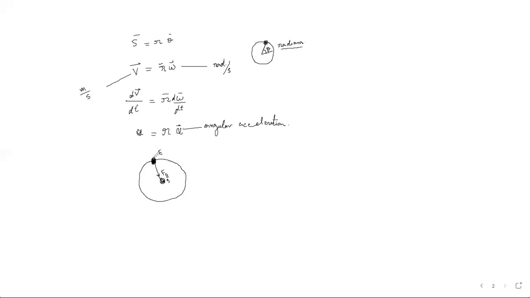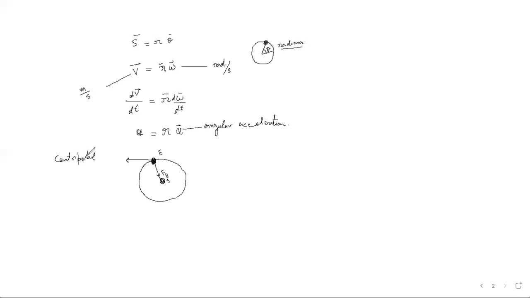And the gravitational force is, you can say, forcing the object to move in the circular motion. That kind of a force, we call it a centripetal force.